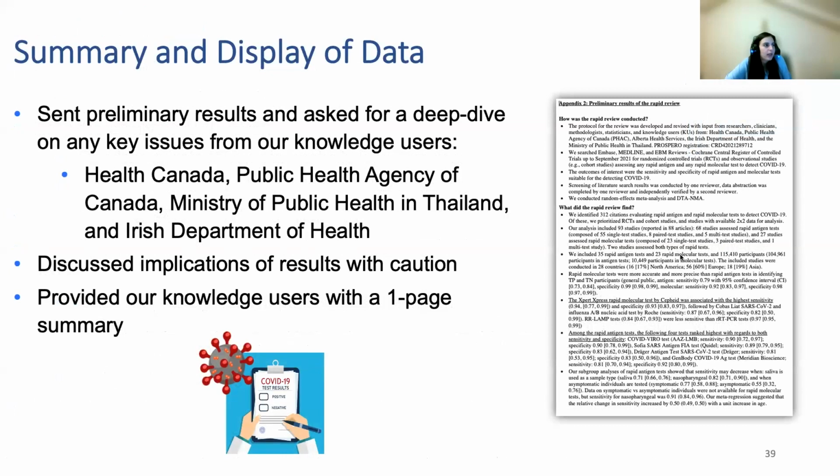So when our results were ready, we sent the preliminary results and asked for consultancy on the key issues from our knowledge users. And we discussed implications of the results with caution and provided our knowledge users with a 1-page summary.